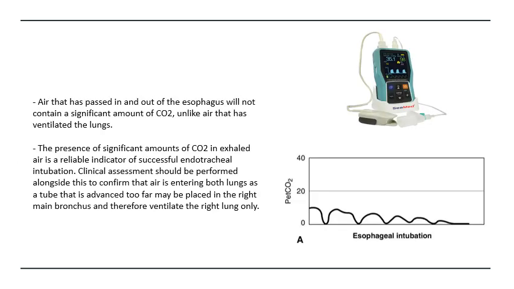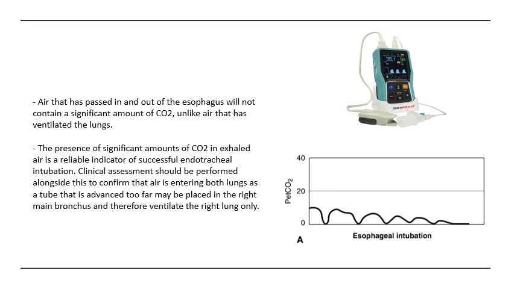As we see in the image below, this is the classical waveform drawn during esophageal intubation by the capnography. Air that has passed in and out of the esophagus will not contain a significant amount of CO2, unlike air that has ventilated the lung.